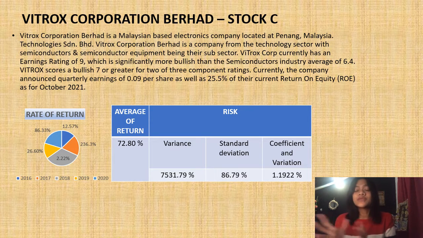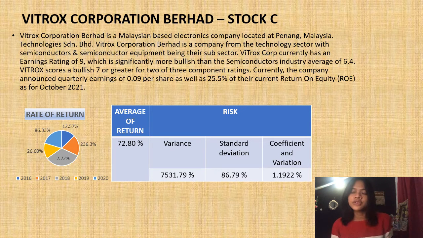As we can see in the table, the average of return is about 70.80%. In risk, we can see there are variance, standard deviation, and coefficient of variation. The value of variance is about 7531.79%.